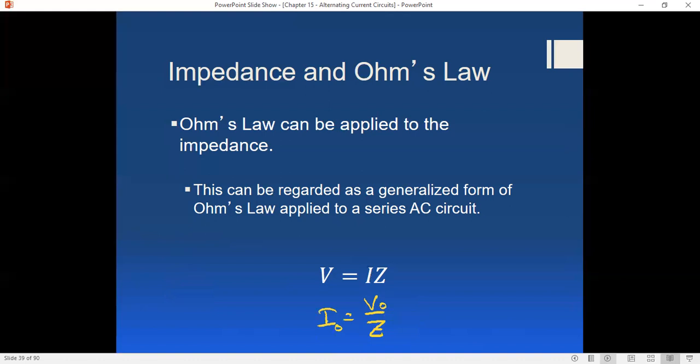So, think about this. If something has a very low impedance, then that means it'll have a lot of current for a little amount of voltage. If something has a high impedance, there will be very little current flowing for a given amount of voltage. And that's really what impedance talks about.